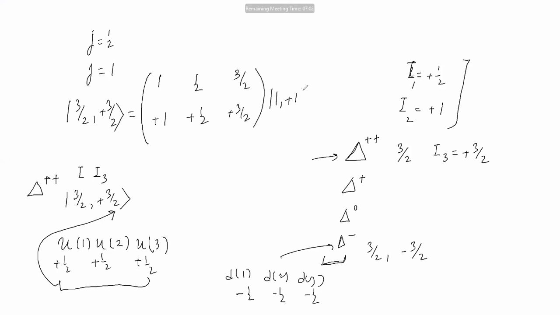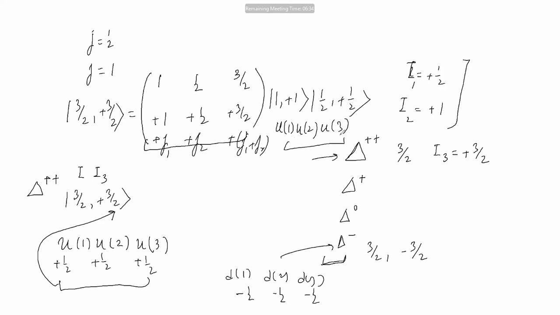This I am getting from 1 plus 1. This is half plus half. This is again the maximum projection. This will be equal to 1, j equal to plus j1 plus j2. This is a u in state 1, u in state 2, and then you are adding a third particle, u in state 3.